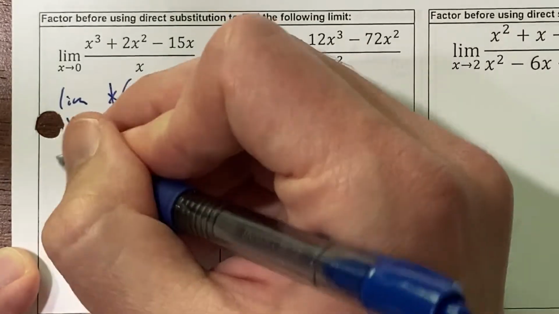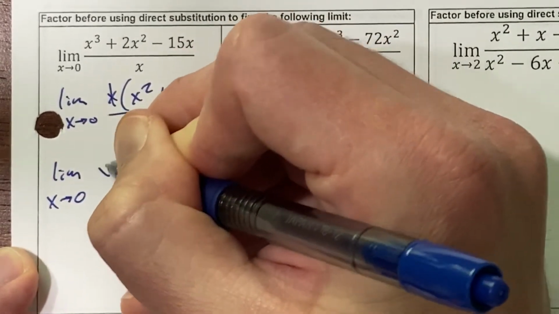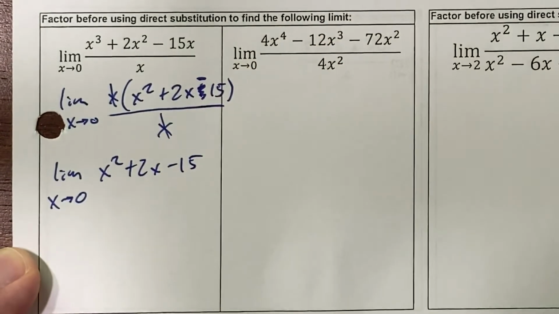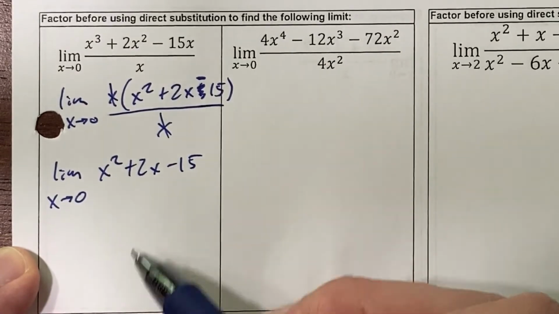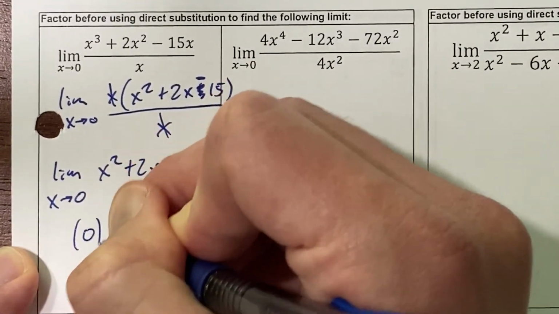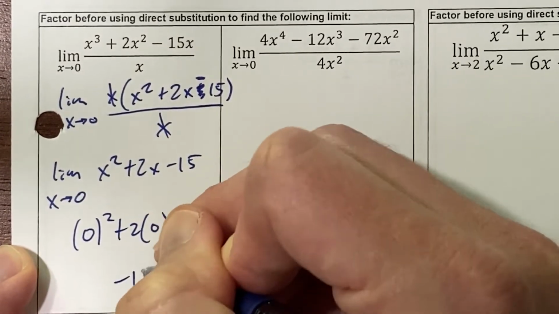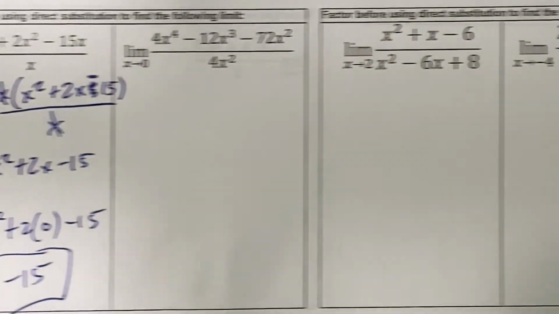Pew, pew. And I'm left with limit as x approaches 0 of x squared plus 2x minus 15. And I can take that 0 now and plug it in. That is negative 15.